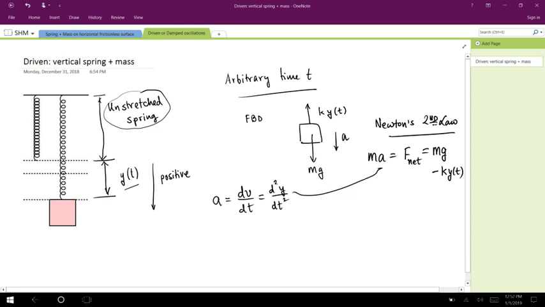So now we can plug this into our equation to write m times d2y/dt2 is equal to mg minus ky, and this is the equation of motion of the spring mass system.